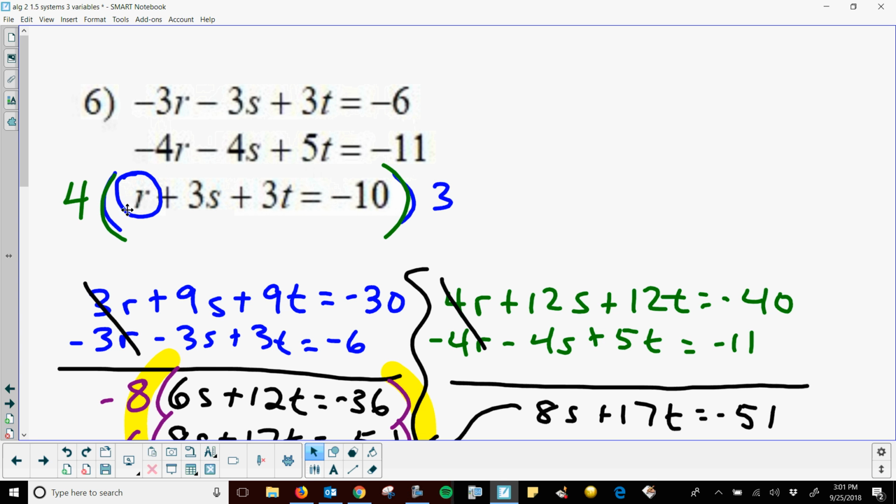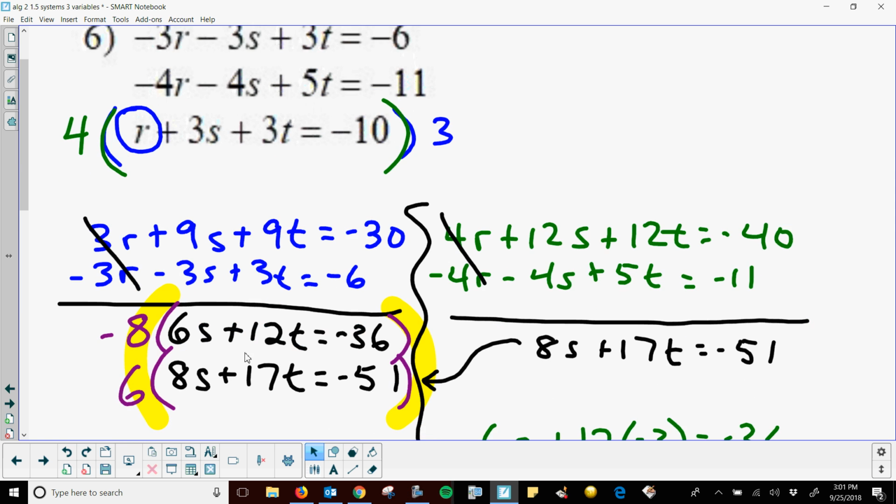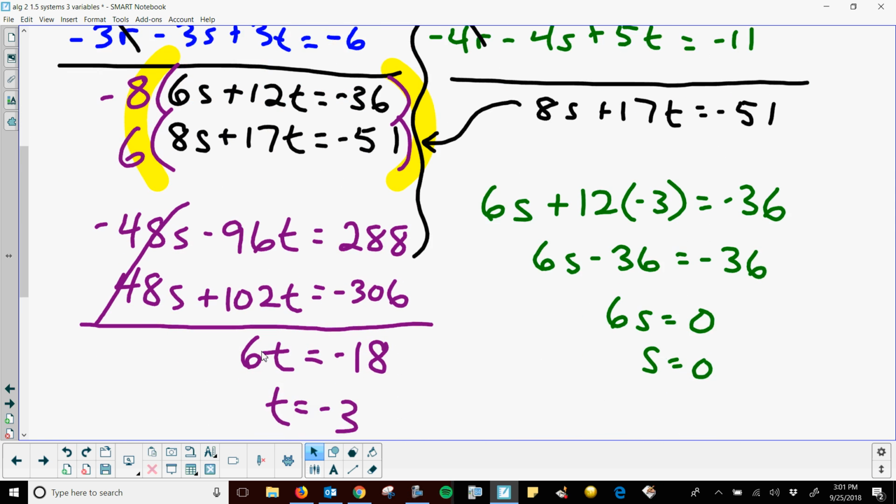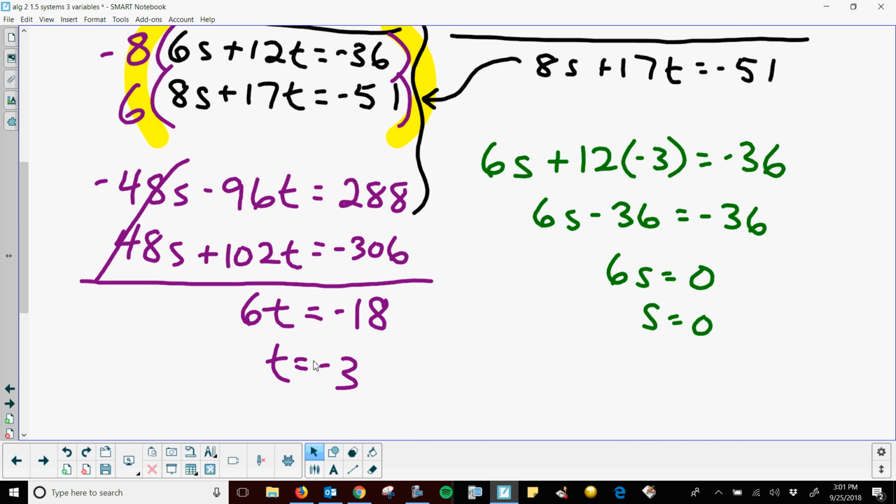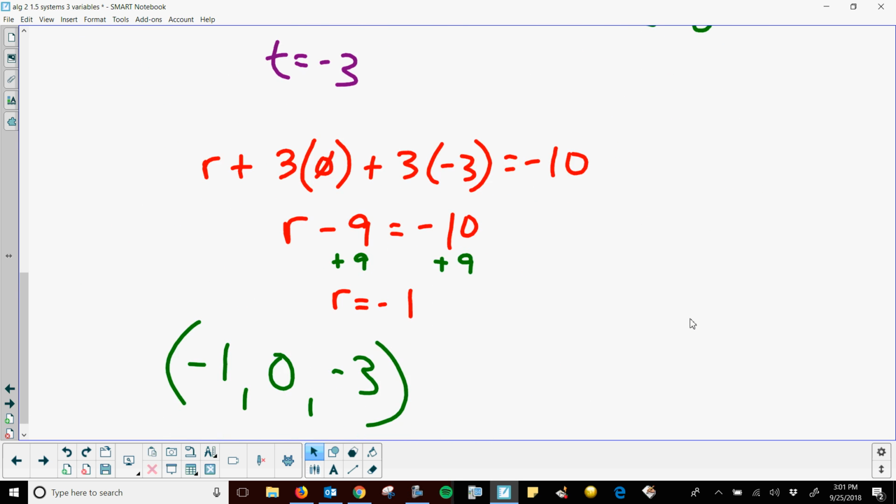Cool. Now this is the one I'm going to use twice. I have to change it this way the first time, and I have to change it this way the second time. Both of them get me my two variable equations, plug back in, or solve like normal, plug back in, and then find one of the original ones and plug back into there.